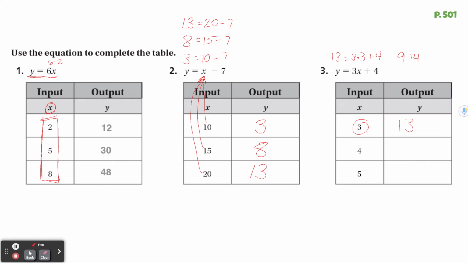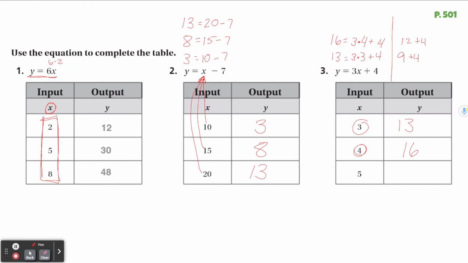Now we're going to do the same thing, except this time we're going to put 4 in for x. So 3 times 4 plus 4. 3 times 4 is 12. And then 12 plus 4 equals 16. So our output is 16.